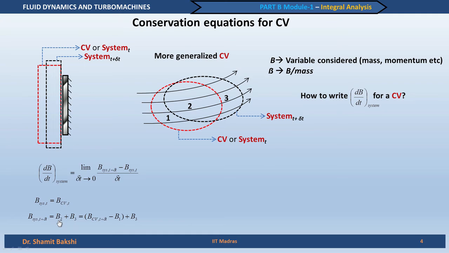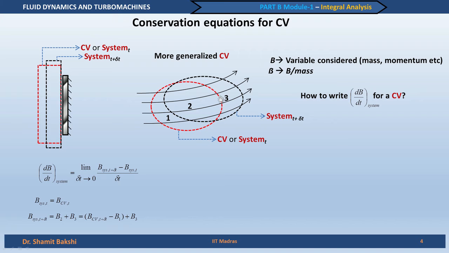Now, you can write b 2 as b for the control volume at t plus delta t minus b 1. So, you can indirectly write it in terms of b 1 as the total value of b within the control volume at time t plus delta t, which could be different from the value of b at time t, because in the control volume, the value of this variable b, which could be mass, momentum, angular momentum, anything, will constantly change with time.